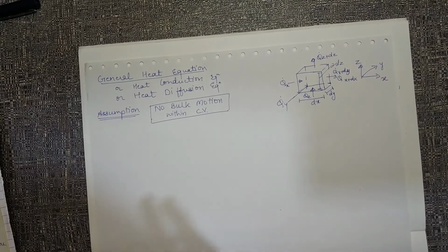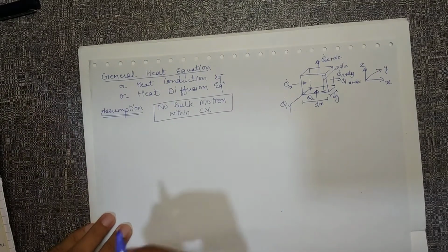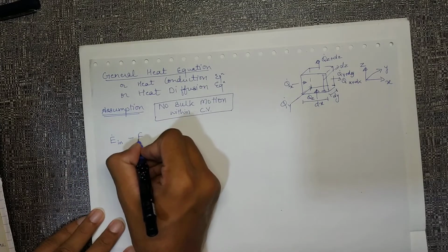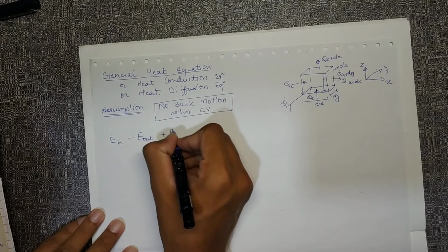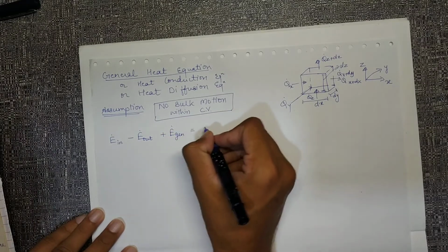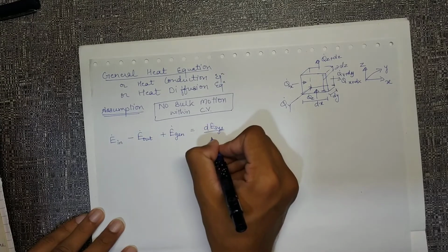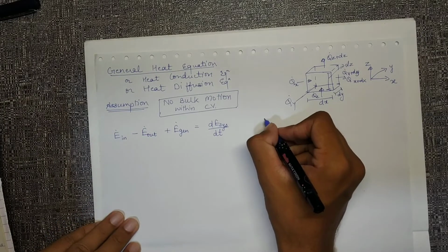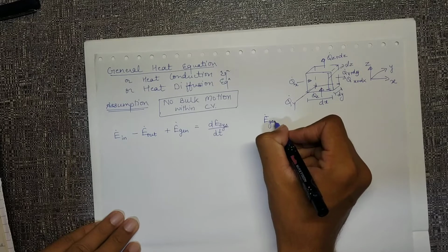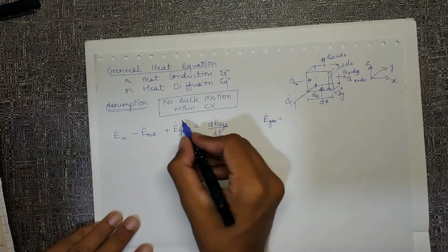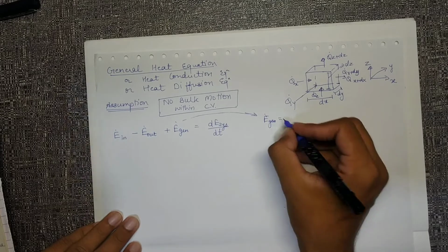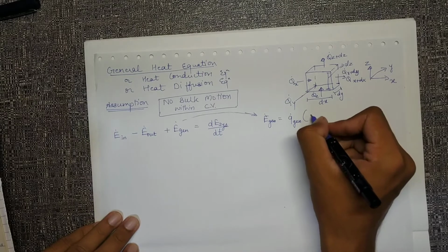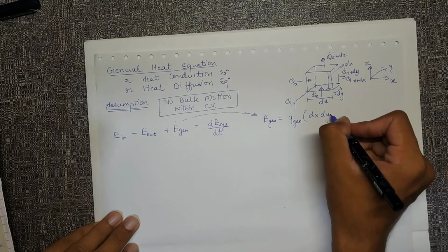We start from the basic conservation of energy principle, which is E dot in minus E dot out plus E dot gen is equal to the change in energy of the system with time. The heat generation will be given as small q dot gen, that is per unit volume, into dx into dy into dz.